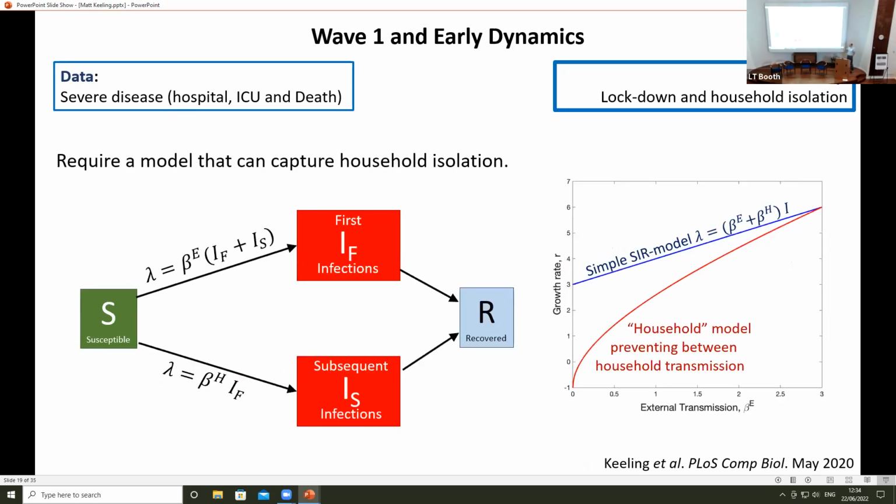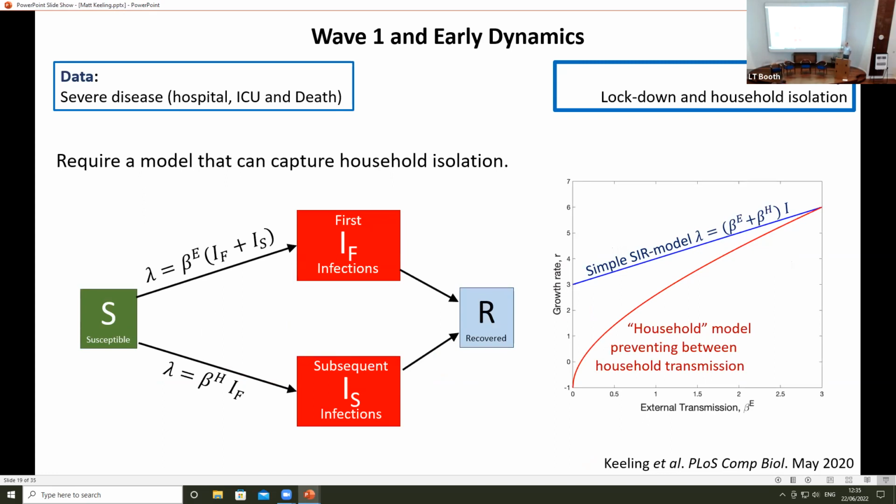We also did a little bit of a tweak to the standard SIR type model to try and capture some of the policies that were happening at the moment. So we knew that lockdown had come in and there was lots of household isolation for individuals that were feeling ill.